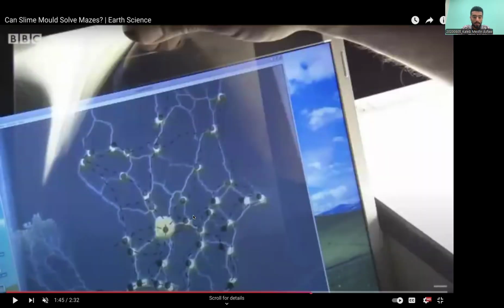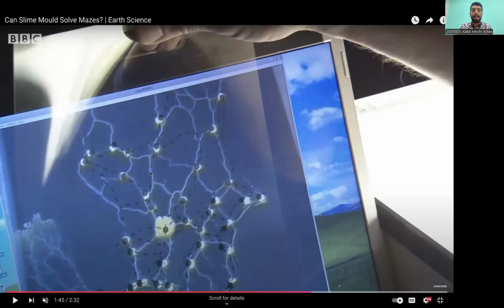Yeah, that's it. I have to admit, I was very blown away by the skill of the slime mold. If you see this section of the video here, the black dots represent the original locations, actually cities, so there's nothing we can do about it. It's just the initial location of the cities. So when the researchers placed the oat flakes, or the treats for the slime mold, they just placed them at the same location as the cities. But what makes it interesting is the edges.